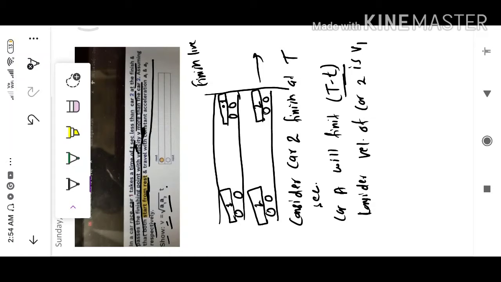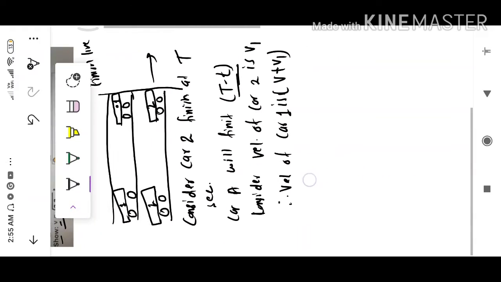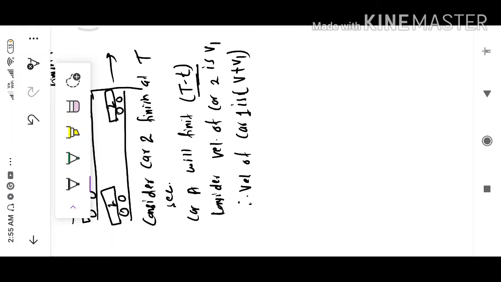Therefore the velocity of car 1 I can write as v plus v1. This is the velocity of car 1. Now students, your assumptions are ready. Now you can solve this question.